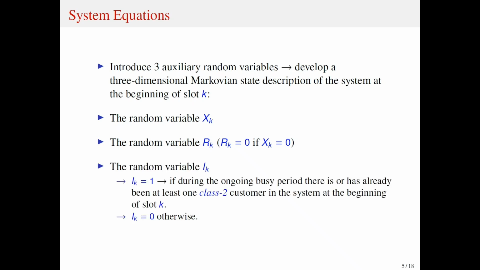And i_k as the indicator of having had a class 2 customer in our system. i_k equals 1 if during an ongoing busy period there is or has already been at least one class 2 customer in the system at the beginning of slot k, and i_k equals 0 otherwise.